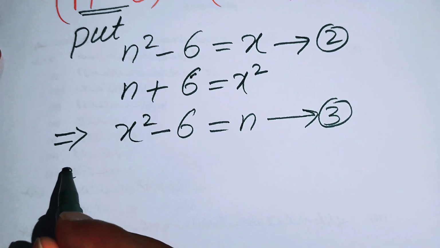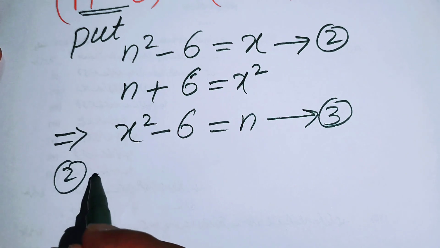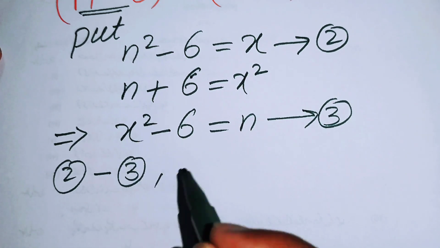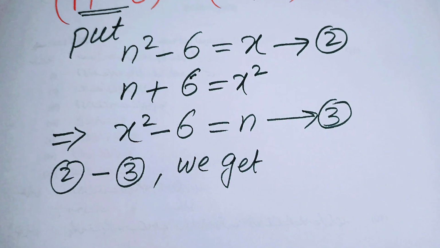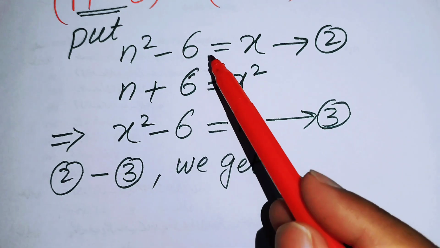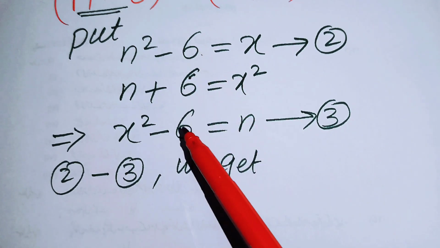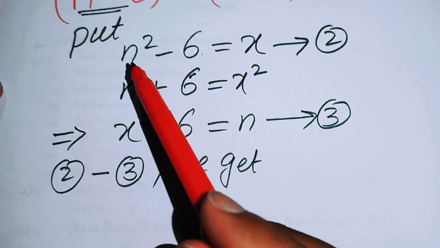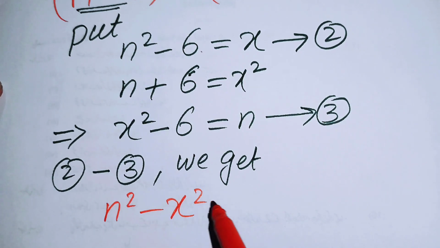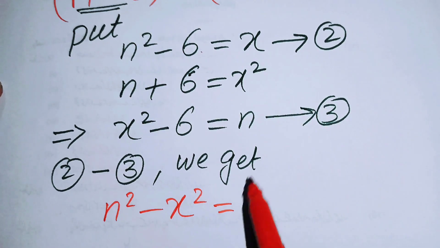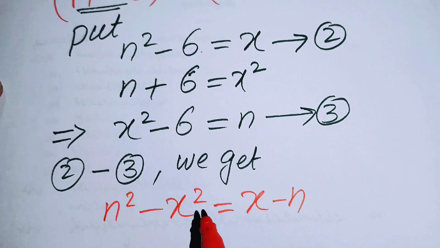Now we can subtract equation number 2 and equation number 3, and when you subtract these two equations, the 6s are gone and you get n² - x² = x - n.